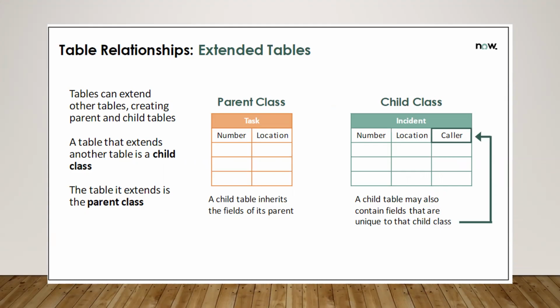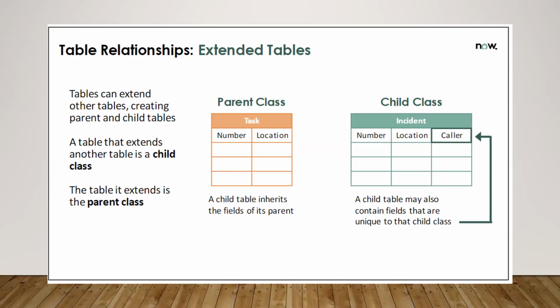There's a concept called the extended table concept. How does an extended table work? It is similar to a parent and child relationship. Suppose a parent table is the task table.